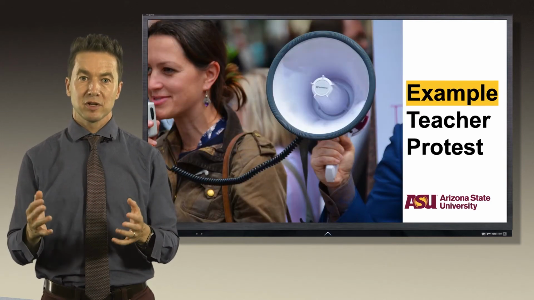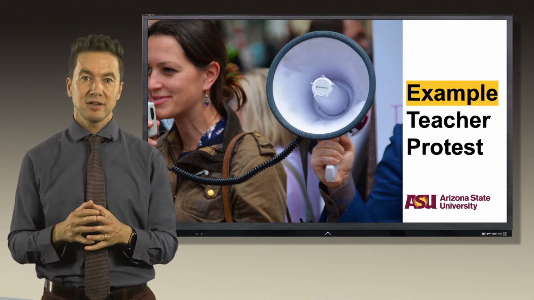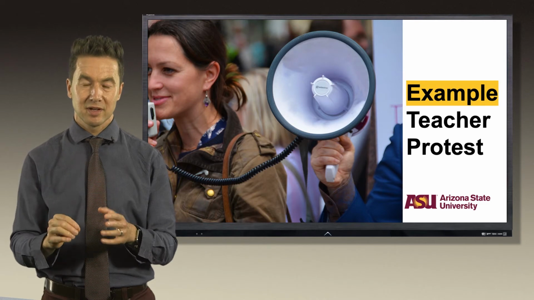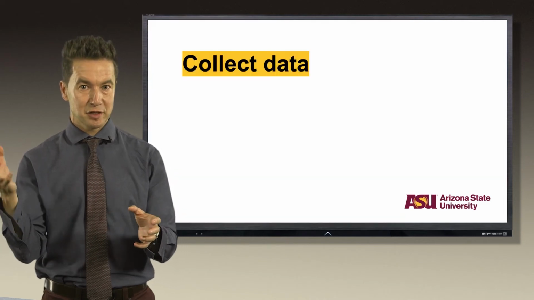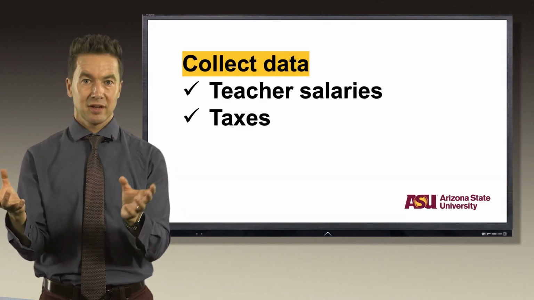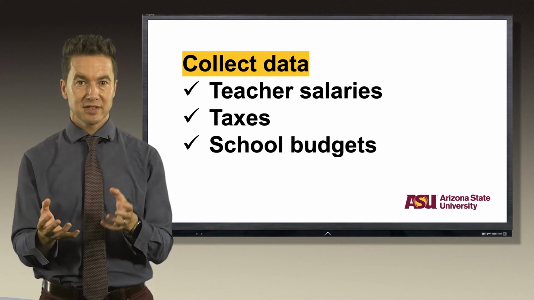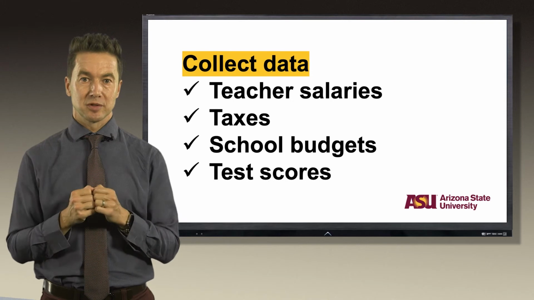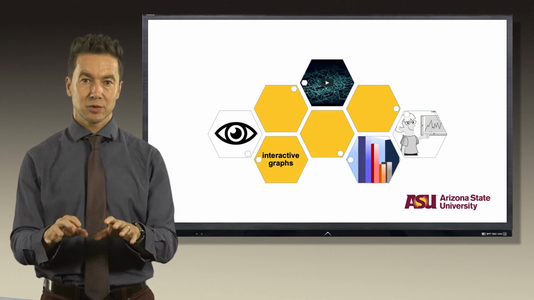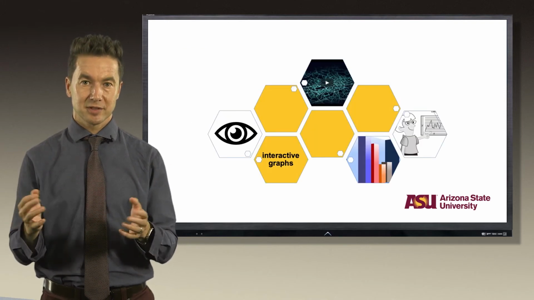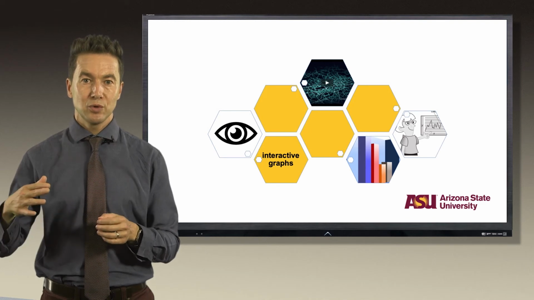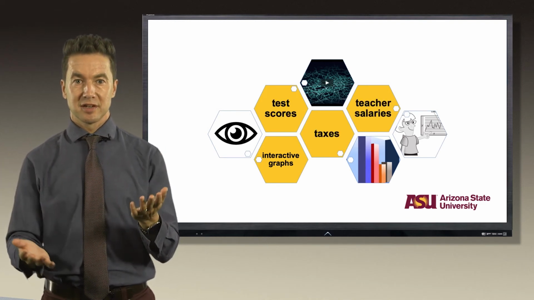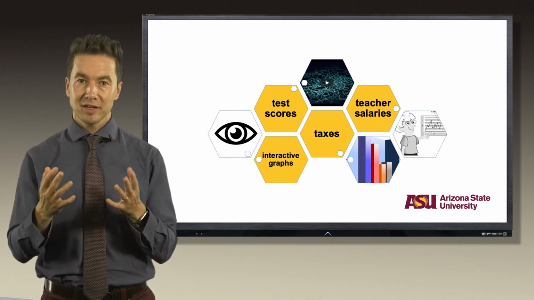In our example about the teacher protests, an online journalist collects data about the story as it develops. She combines data sets about teacher salaries, taxes, school budgets, and other important information, such as students' test scores. She writes a story with interactive graphs. Users can move on the graphs to see how taxes, test scores, and teachers' salaries are connected.